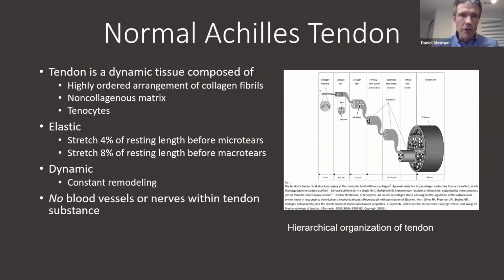I've mentioned the collagen fibrils, but between the collagen fibrils is this non-collagenous matrix. And then there are a few tenocytes which help with regulation. Tendons are elastic, so they can stretch up to 4% of their resting length before they start developing micro tears, and then 8% of their resting length before macro tears, things that are probably more clinically relevant. And also, very importantly, just like bone, tendons are constantly remodeling.